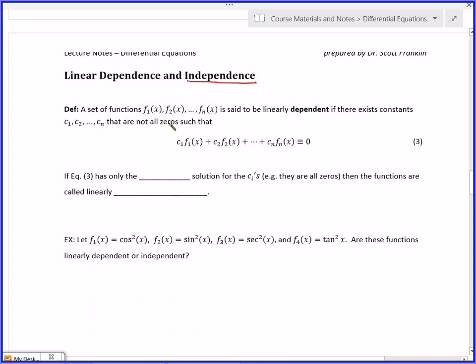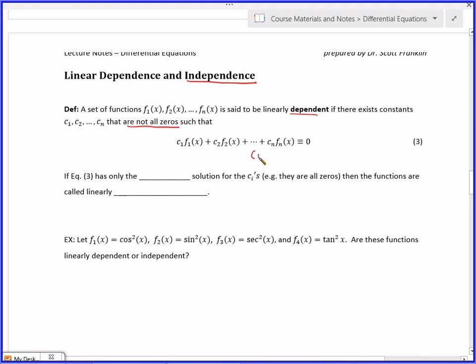Okay? So here's the definition. A set of functions, f1 through fn, are said to be dependent if there is some set of constants that are not all zeros, so that you can combine those functions together and get identically 0. In other words, you know the f1, the f2, all the way through the fn. If this has a non-trivial solution, then they are dependent.